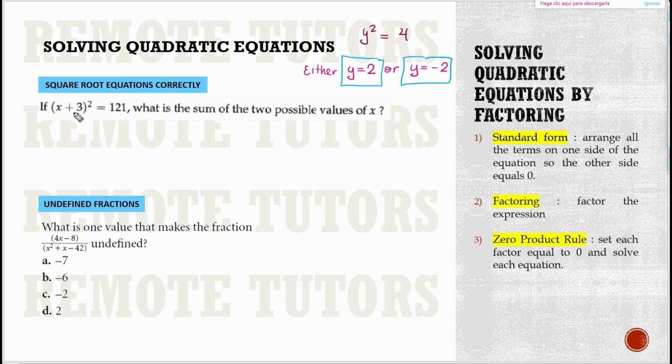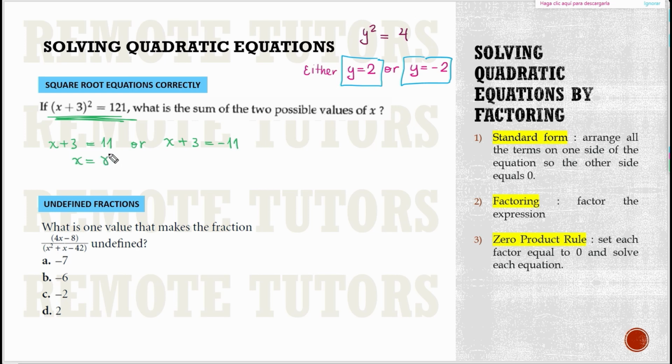So you're going to do the same here. If (x plus 3) to the power of 2 is 121, what is the sum of the two possible values of x? Okay, so here x plus 3 is either 11, but don't forget that it can also take the value of negative 11, okay?